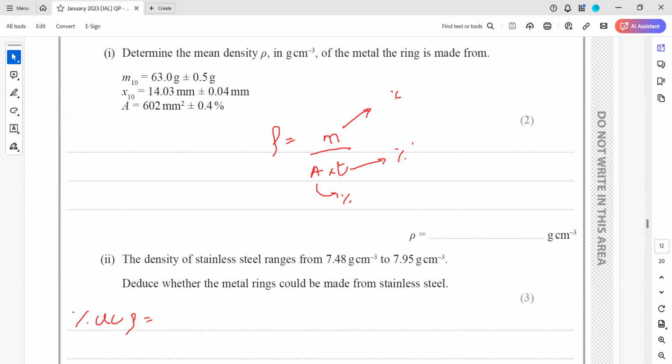For the mass, the uncertainty is 0.5 and the value recorded is 63, times 100. This is the percentage uncertainty in mass. For the area, it is already 0.4, so directly 0.4, and for thickness 0.04 divided by 14.03 times 100. So this will give us a total percentage uncertainty, which is 1.1%.